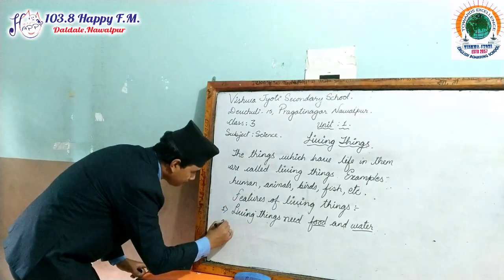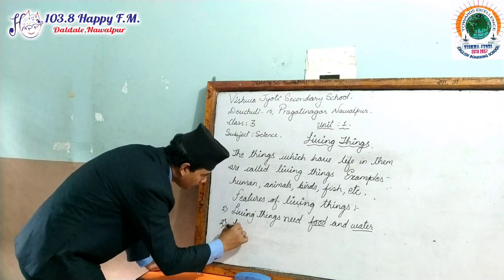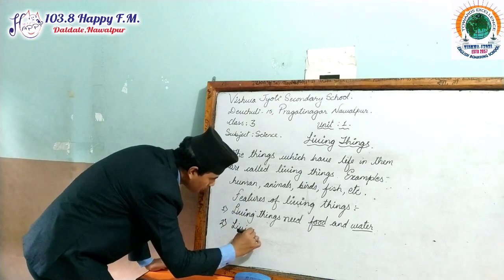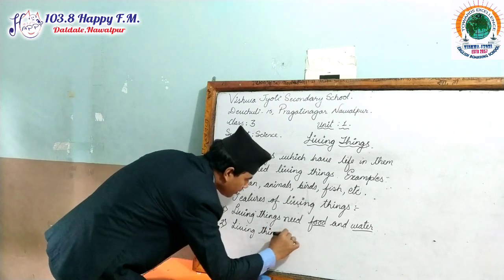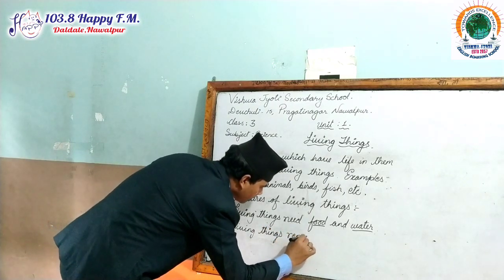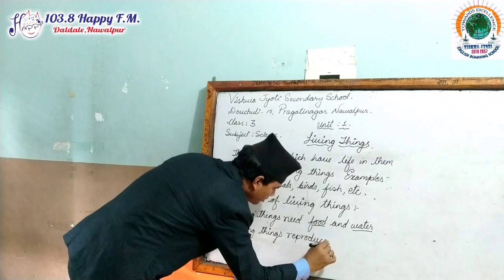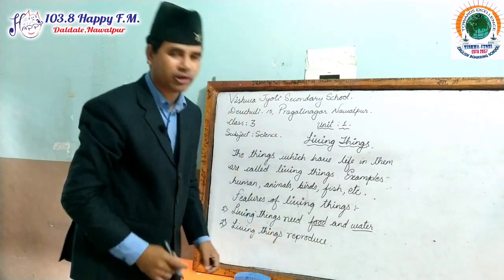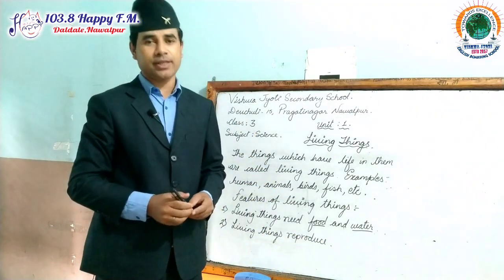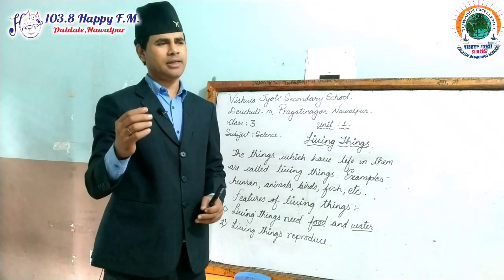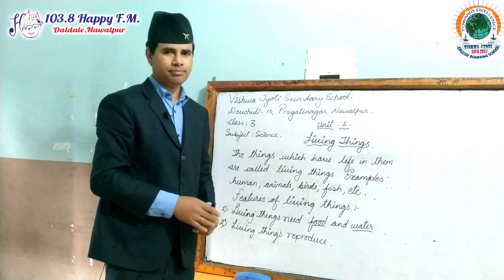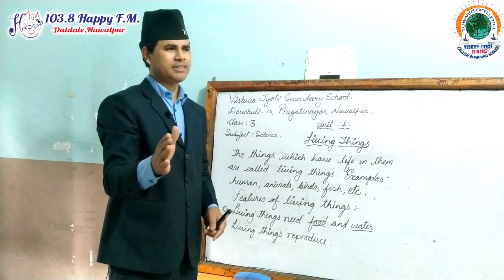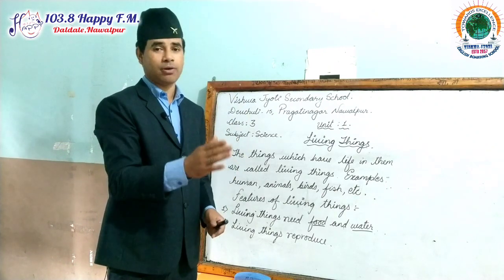Point number 2, living things reproduce. Students, this one is a very important point. Living things reproduce. As you can see, if any animals are there at home, whether you are rearing them or not, but basically most people rear cow, buffalo.